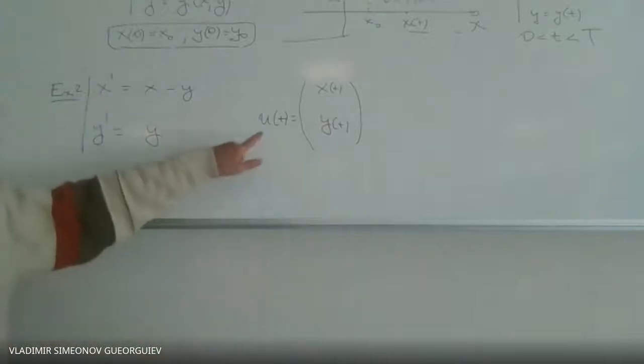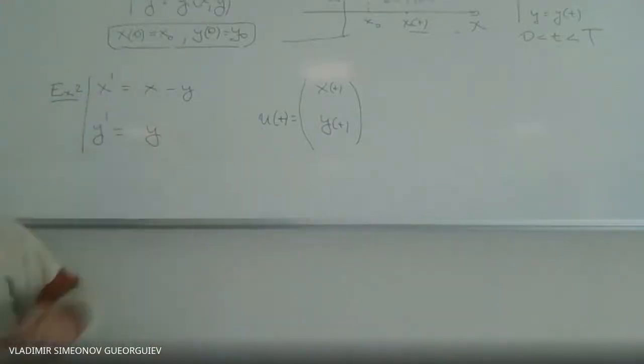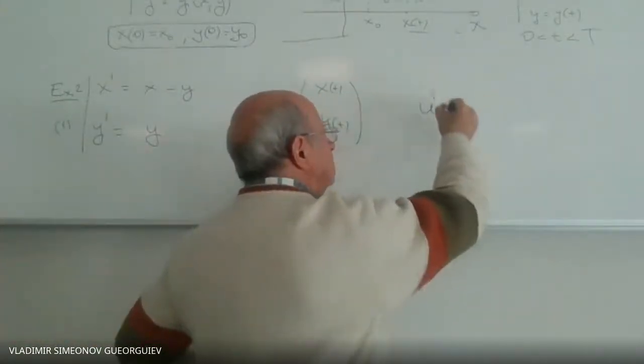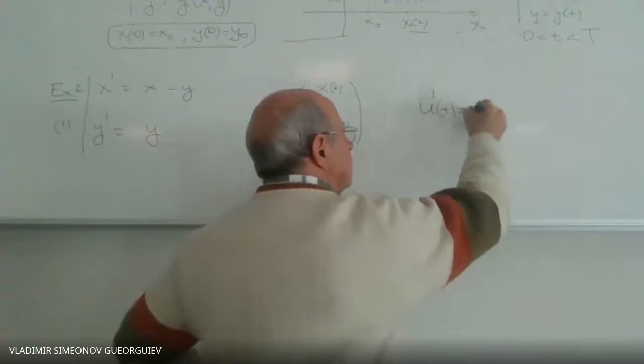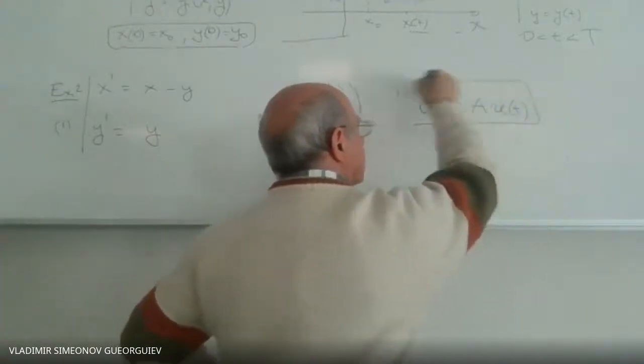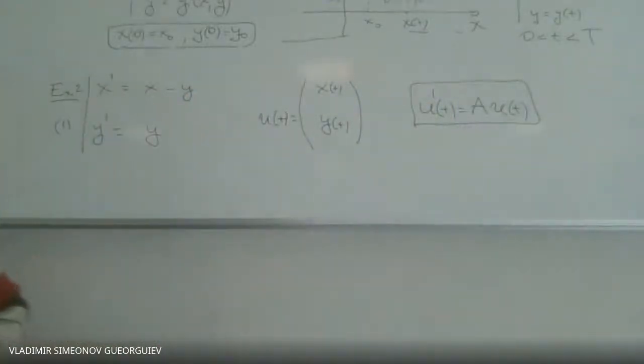Of course, this vector has two components, and it is quite simple to rewrite our system 1 as a simple equation u prime of t equal A of u. What is A?